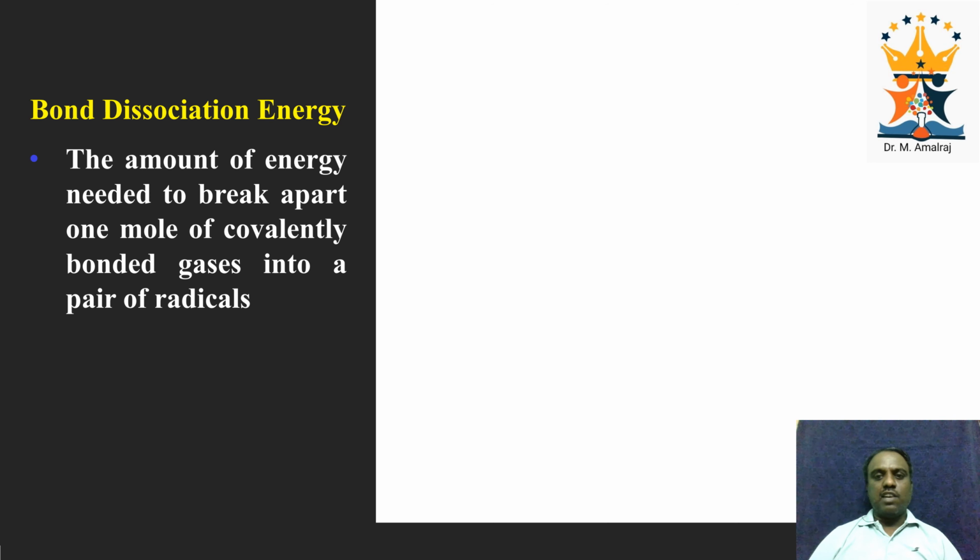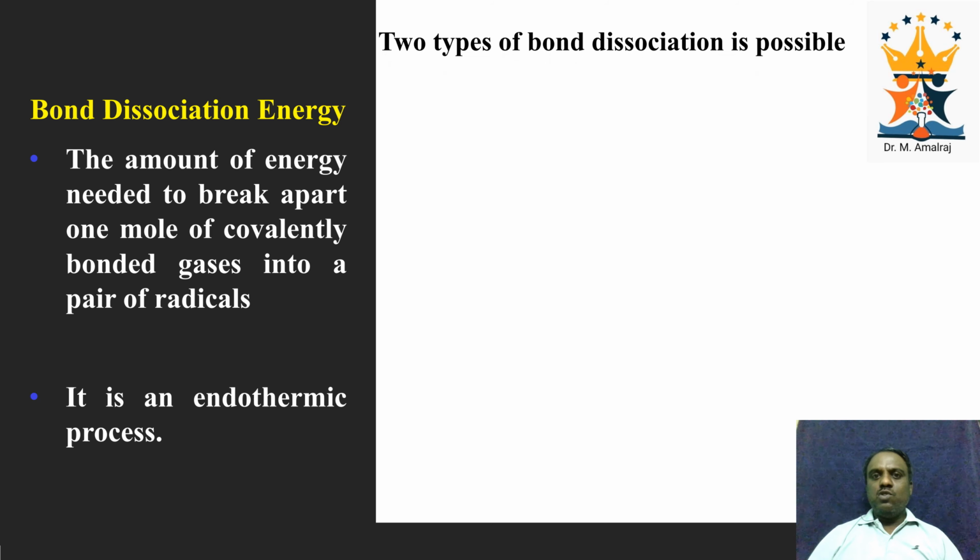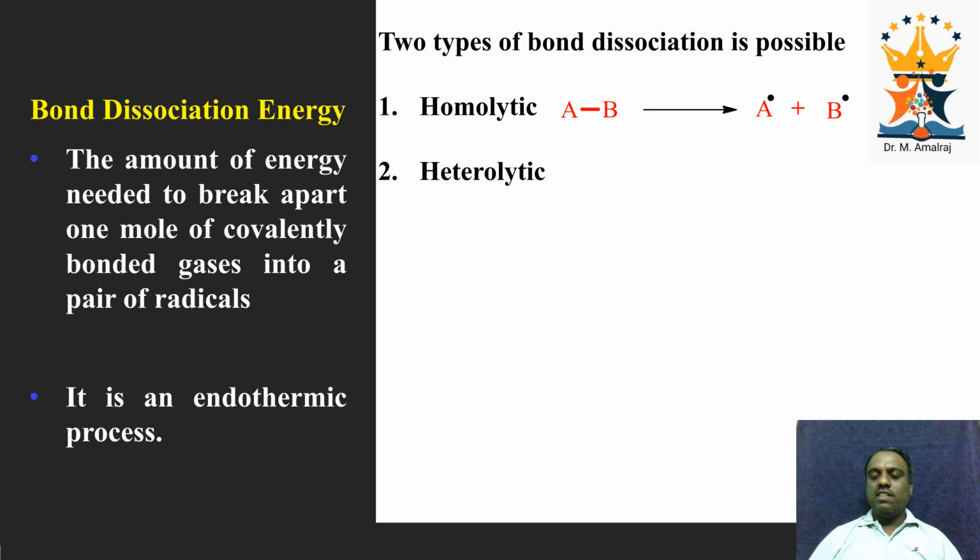The second important process in the formation of an ionic crystal is bond dissociation. The bond dissociation energy is defined as the energy required to break a covalent bond into a pair of radicals. Since energy is supplied, the process is endothermic. Bond dissociation is of two types, homolytic and heterolytic. In homolytic, the shared pair of electrons is equally taken up by the respective atoms, leading to the formation of radicals.